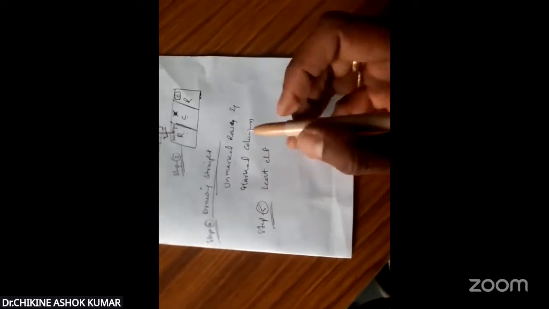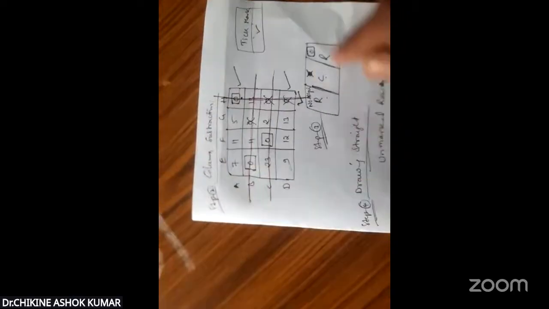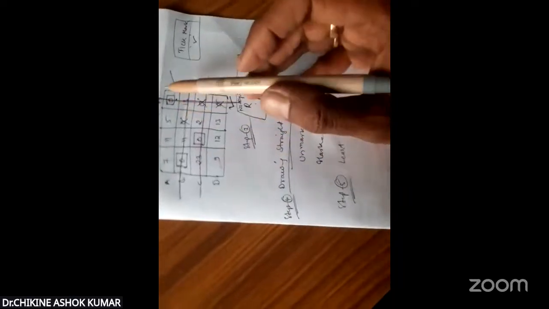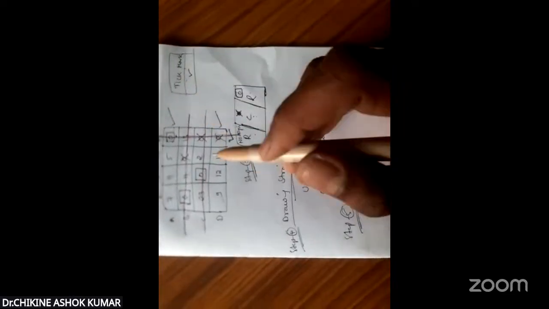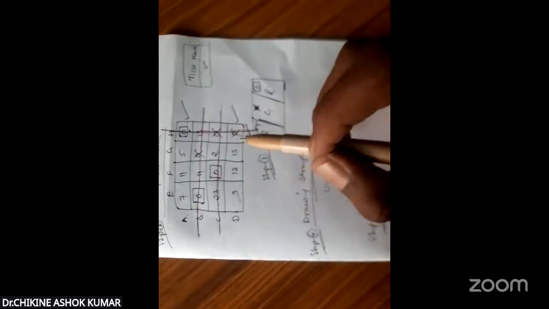In step number 5, I am taking the least element. Select the least element from the elements which are not passing through the straight lines. Among all these 4 into 4, 16 elements, few are not passing through the straight lines.